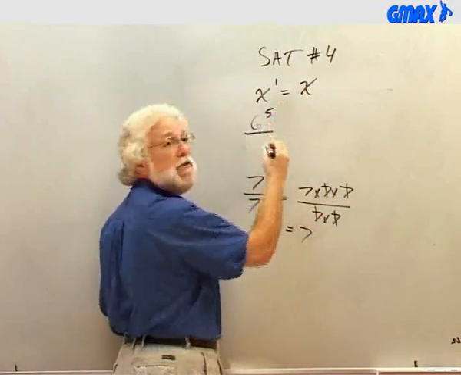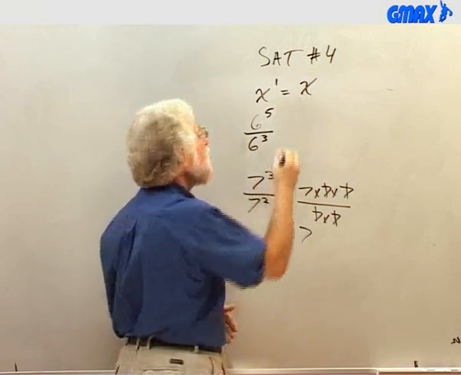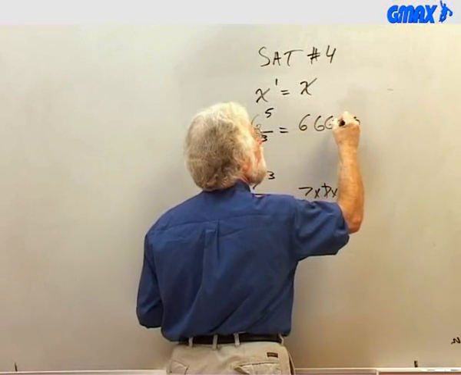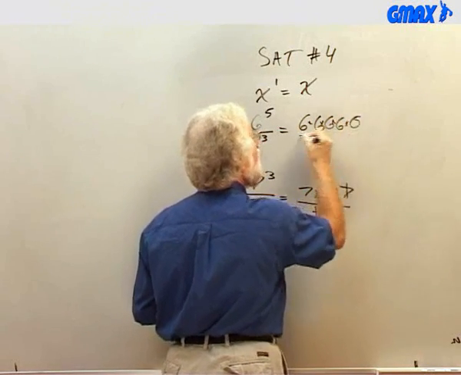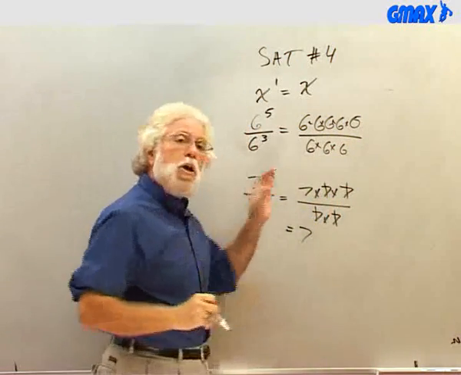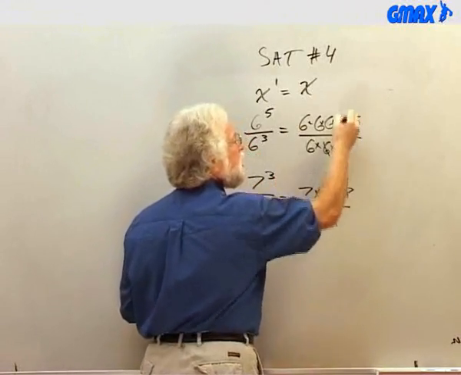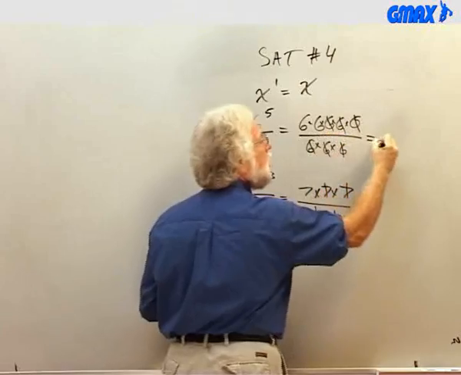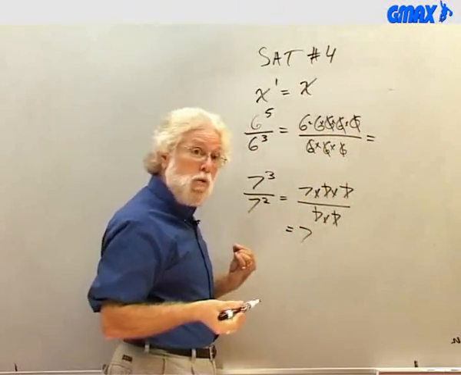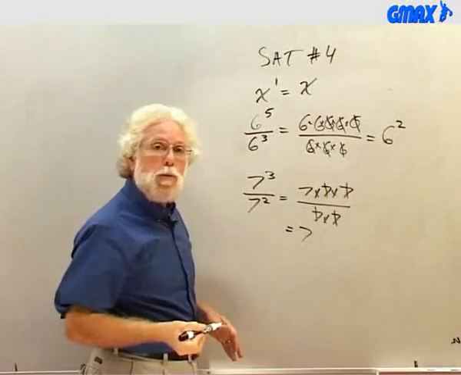How about 6 to the 5 over 6 to the 3? 1, 2, 3, 4, 5, multiply, multiply, multiply, multiply, over 1, 2, 3, multiply, multiply. Again, playing the same game. 6 and the 6, 6 and the 6, 6, 6, 6, 6. What do we get? 6 times 6. How can we express that as an exponent? 6 to the power 2.